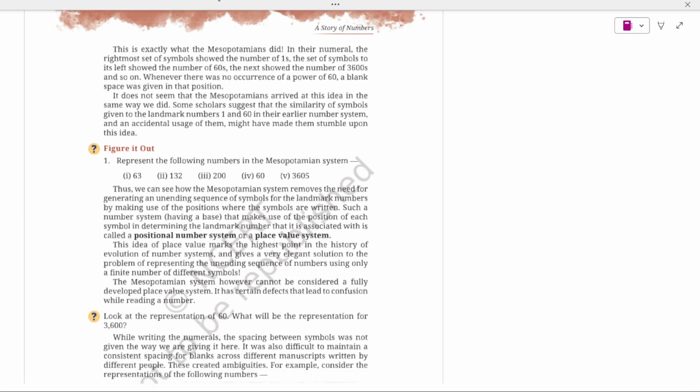So this is exactly what Mesopotamians did. Let's start to figure it out according to the Mesopotamian system. Here is part one, 63. This is easy: 60 has this symbol, and 3.